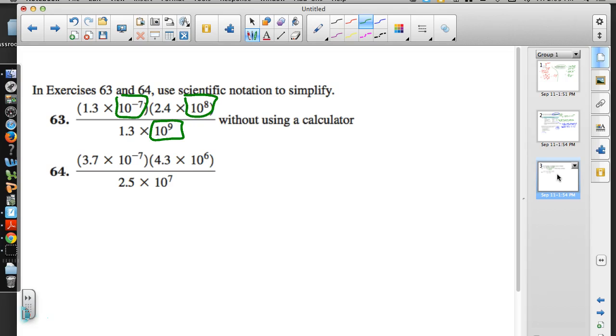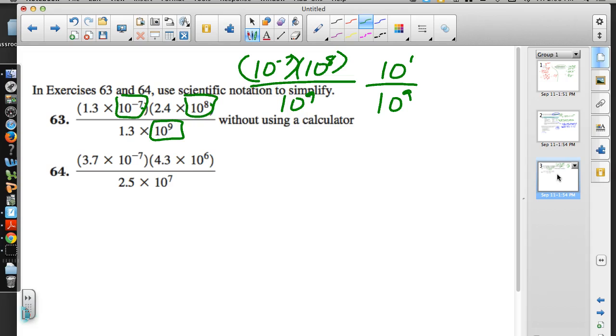So what we need to do is just treat this as if it were 10 to the negative 7th times 10 to the 8th divided by 10 to the 9th, and we'll have that portion taken care of. So negative 7 plus 8 would be 10 to the 1st, and then we'd have this 10 to the 9th down below, and that would give us times 10 to the negative 8th, because when we divide, we need to subtract.